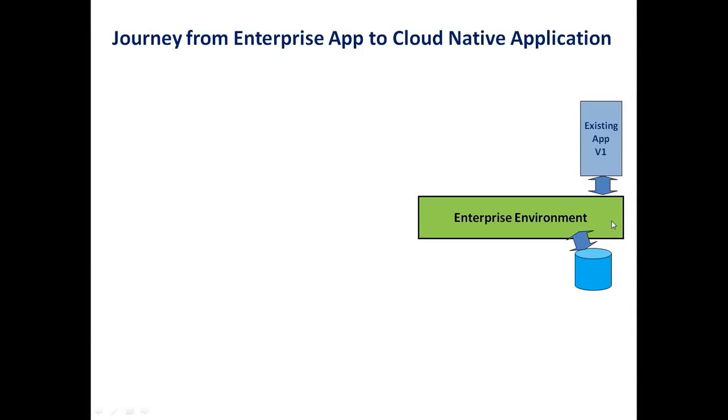So there exists their current application, which is desktop based. We'll look into the exact tiering and the model in a typical enterprise application in a bit. But right now, what we're talking about is, can we make the existing application cloud enabled? We'll talk in a minute about what exactly that means.